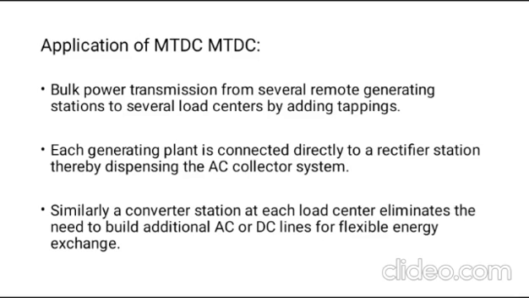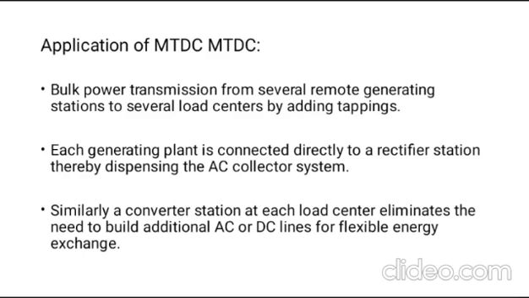If there is any requirement from a load center in between, we cannot get any tapping and get power for that load center. But in an MTDC system, it is possible to extend the system by adding more tappings and getting power for the load centers.